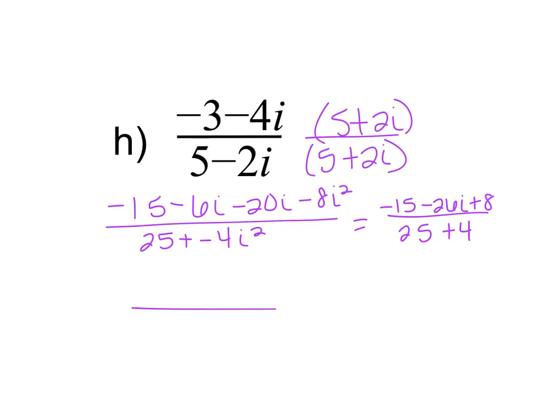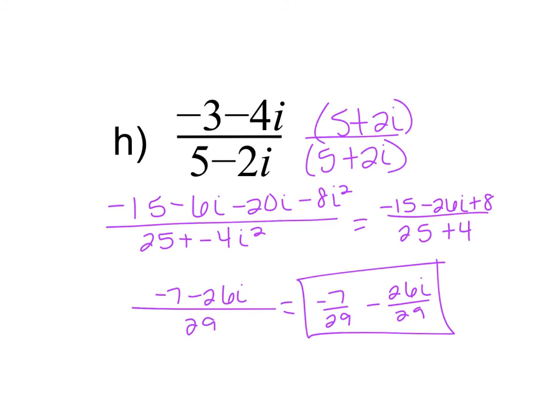Okay, so now we have negative 15 and 8 is negative 7 minus 26i over 29. I'm just going to break it apart. So negative 7 over 29 minus 26i over 29. That's your answer.